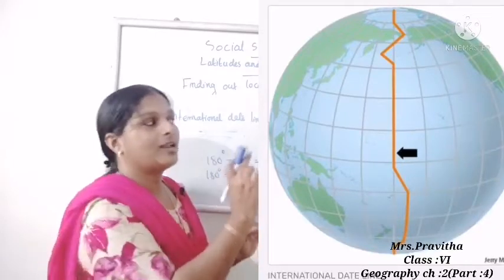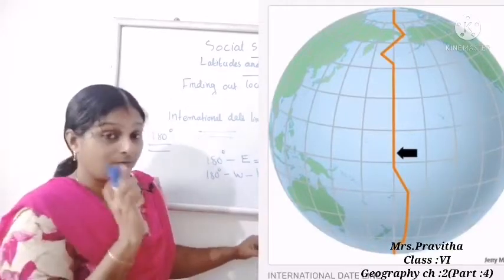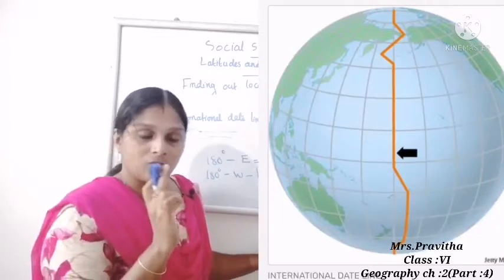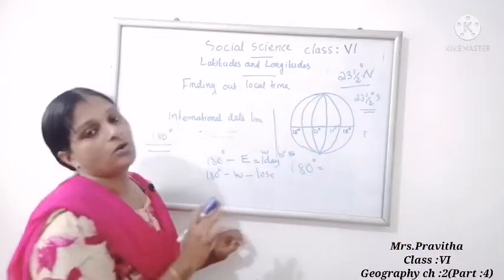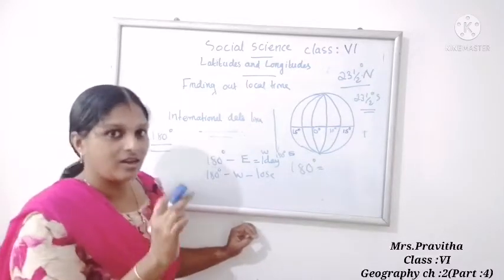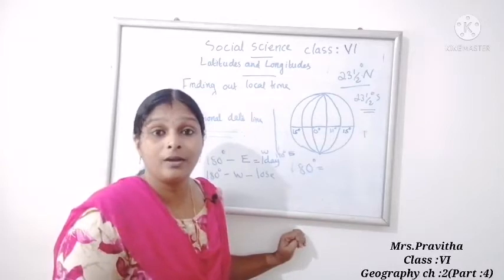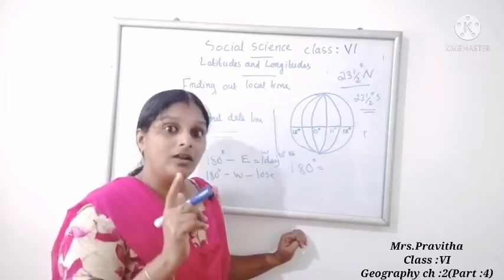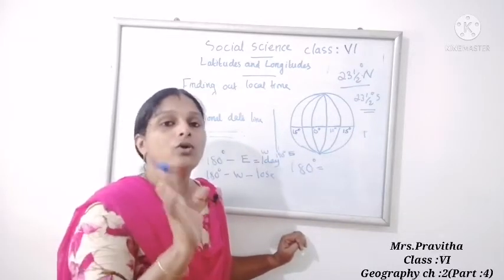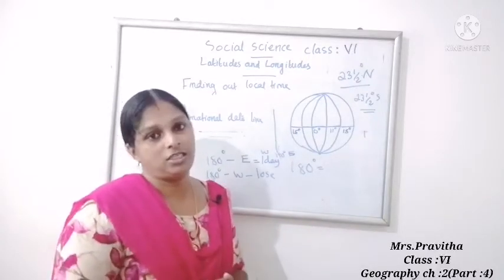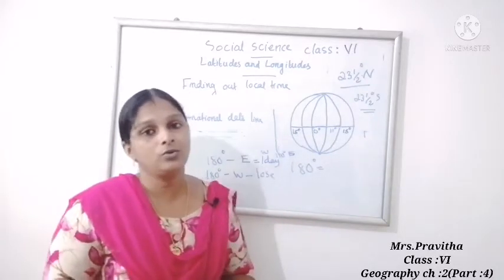That is why international dateline is not a straight line. All other longitudes are straight lines. If international dateline passes through any country, there will be 1 day difference. So it does not pass through any country. It is drawn through ocean. Okay, I think children you understood.